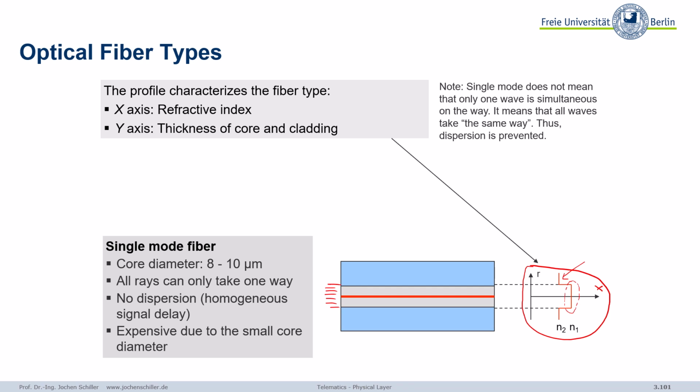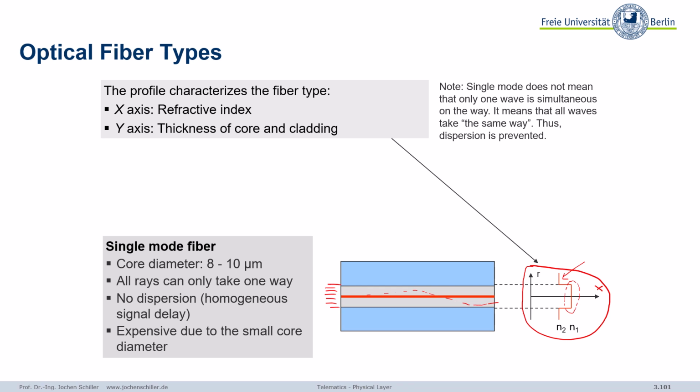There's almost no reflection because the core is so small. All the rays follow one path, and single mode means that all waves take the same way, trying to prevent dispersion.